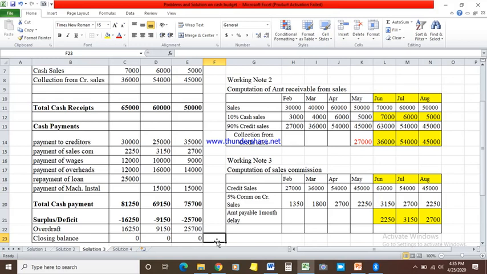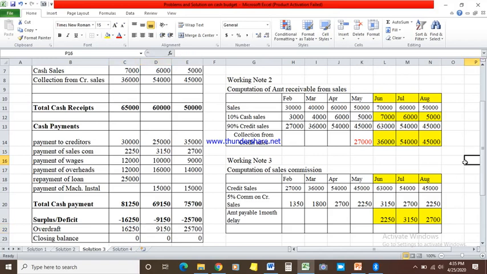Because of all these reasons, the firm needs to understand that it has to make some temporary arrangements by taking the overdraft facility to cover the deficit cash balance which is going to prevail in that particular month. Accordingly, the firm needs more OD facility in the month of August, because it requires 25,700, followed by the month of June, whereas in the month of July it requires less OD facility.